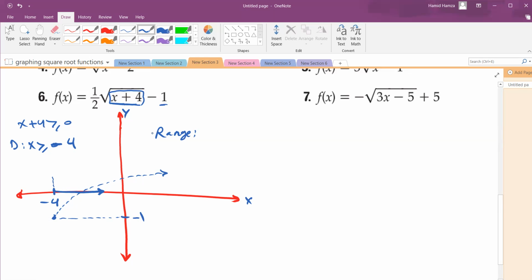Above. So y greater than or equals, we take the number outside the bracket, -1. So the graph is all values above -1, starting from -1 and goes up to infinity. So what about the next one, the last one?